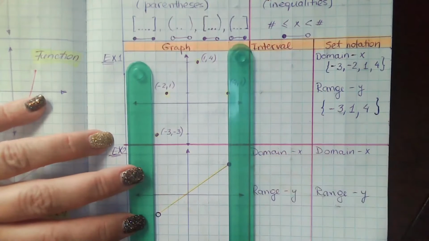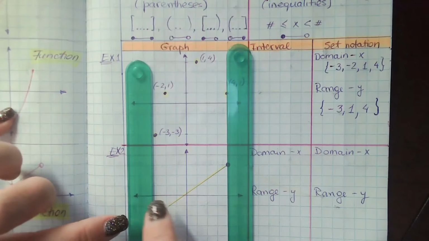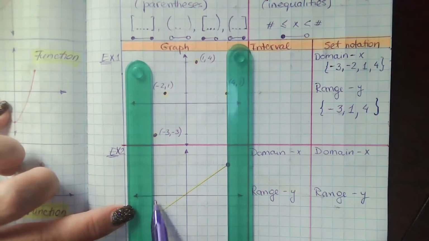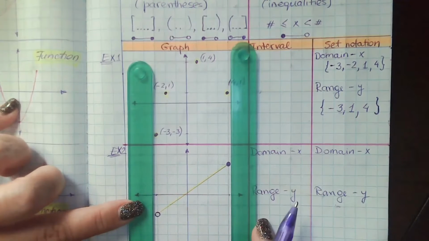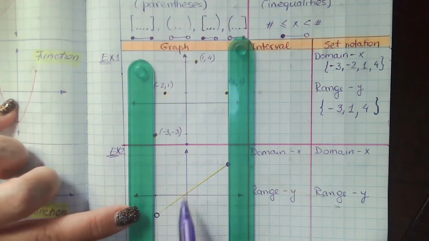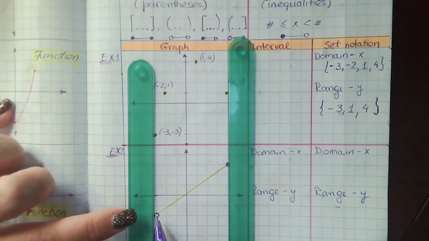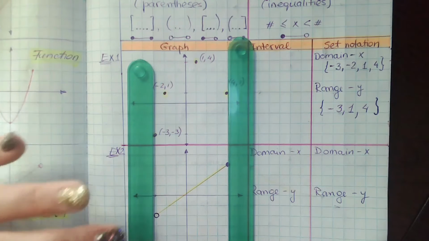So this is going to be my representation of x values from -3 to 4. That means that the domain of this function, or the possible x values on this line, are included from -3 to 4. So that's when we can use an interval.